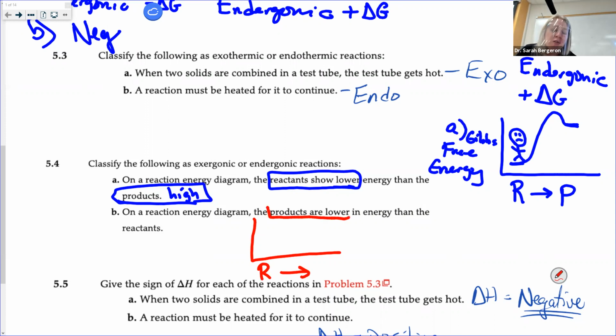The products are low and the reactants are high, right? That's the way to do that. So my products are low, my reactants are high. So technically there's a little bump and then it goes down. But we'll talk about the little bump later.